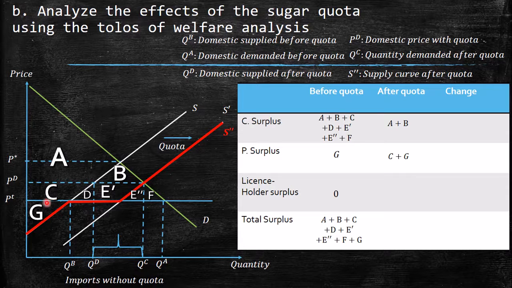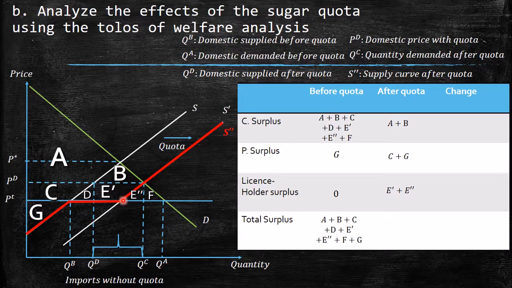So this C plus G is going to be the new producer surplus. So they have the benefits of C, which is transferred from the consumer side to producers. What about license holder surplus? Remember, they go to the foreign market and bring the products at the price of PT and sell them at the price of PD.